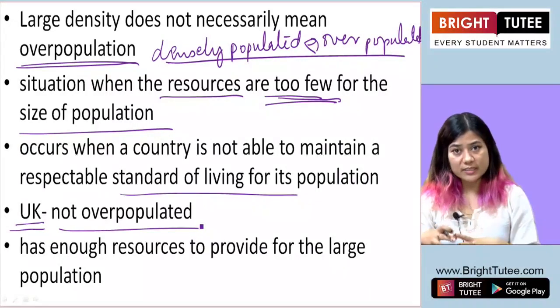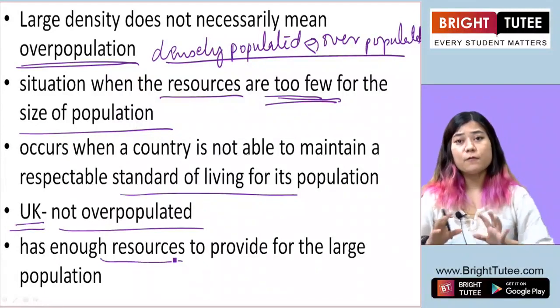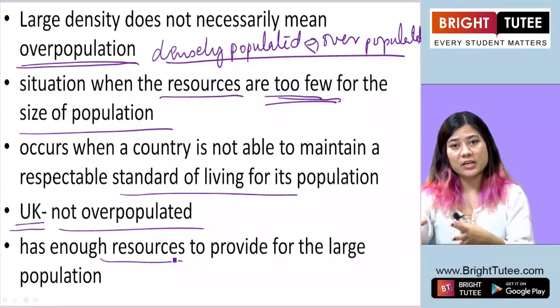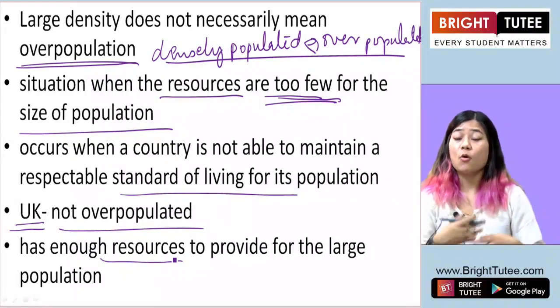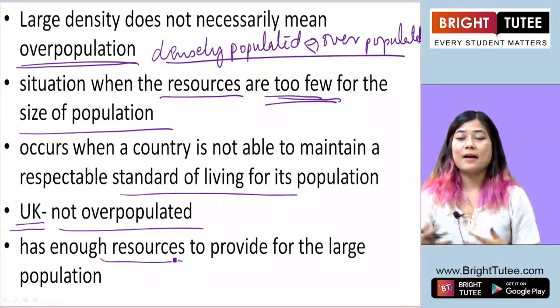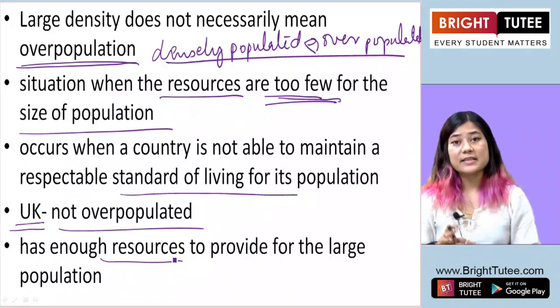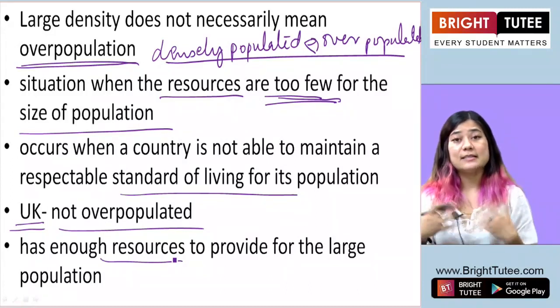Because the resources that United Kingdom has are enough for all the people living in that country, enough for the size of the population of that country, and it can provide basic facilities to all the people living in that area, as a result of which the people have high living standards.